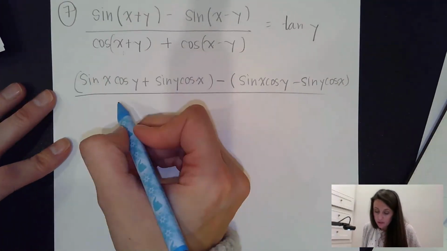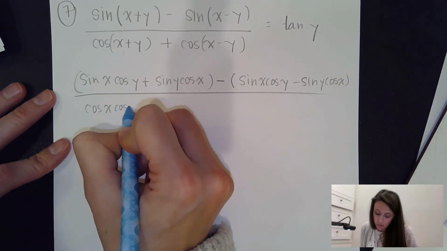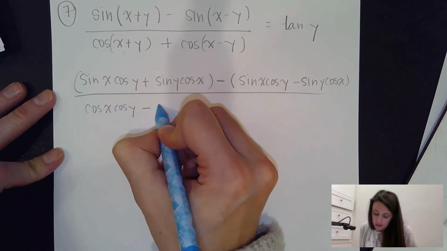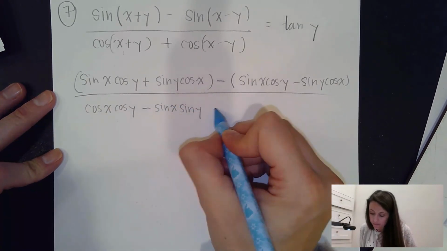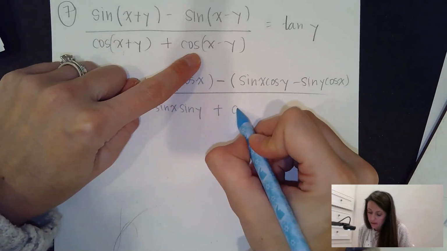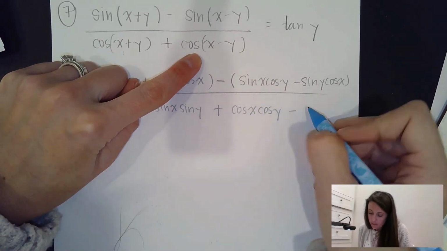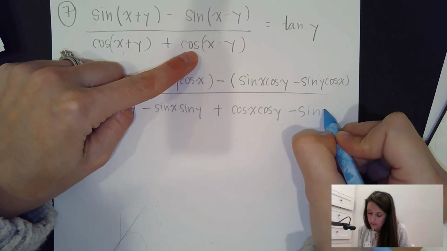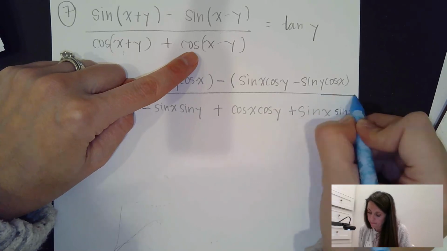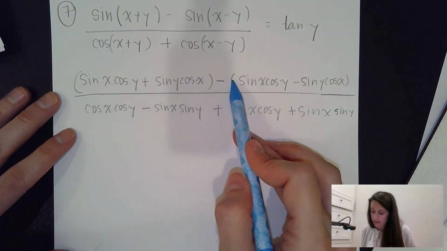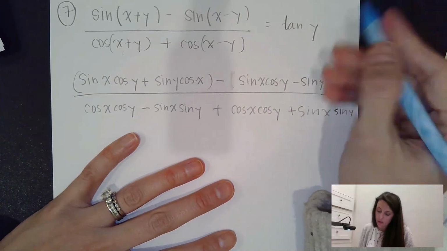And then cosine here of x plus y, so that's going to be cosine of x, cosine of y, minus sine of x, sine of y. And then this one will be cosine of x, cosine of y, plus sine of x, sine of y. All right, so when the minus sign gets distributed, right here, this turns into a plus sign.